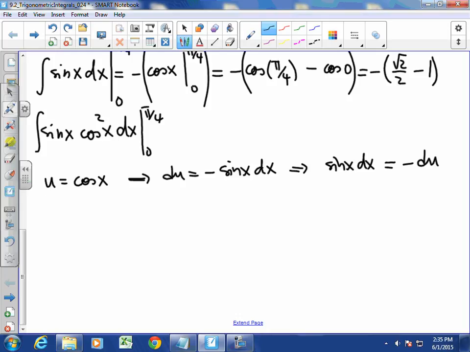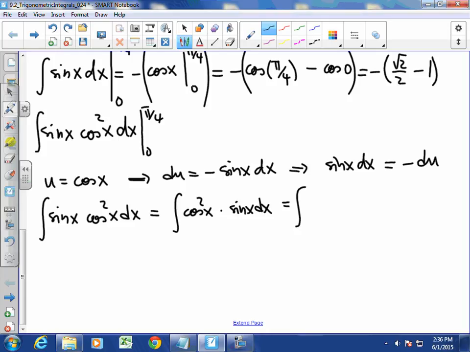It means that this integral is the integral of cosine squared x times sine x dx, which is u squared for cosine squared x and negative du for sine x dx.